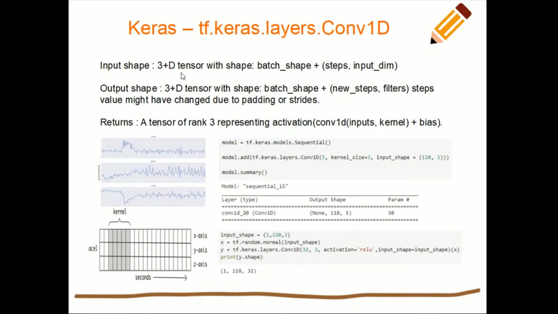That is the input that we are going to get, and the output will once again be a 3D tensor with a shape of batch shape plus new steps. The number of steps can change, and that will depend on the size of the filter that we apply. And the input dimension is going to be replaced by the number of filters or kernels that we apply. Okay, so just keep this in mind.